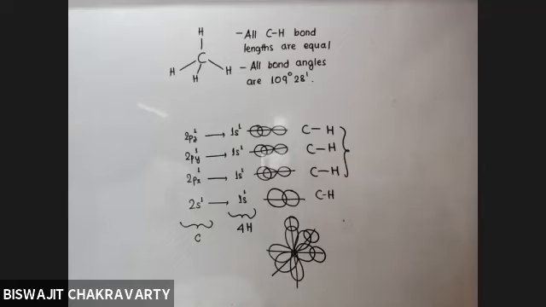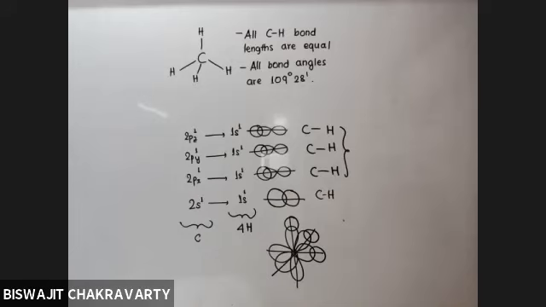Yes, anyone? Who can try out? Why do you think? Sir, because in 2s1 and 1s1, two spheres are combining, and in the others, one sphere is combining. Very good. So that is the main reason.